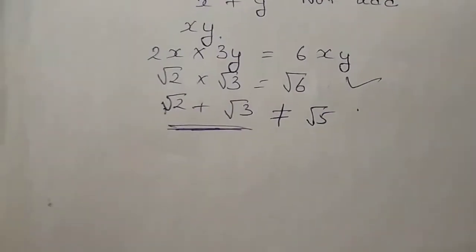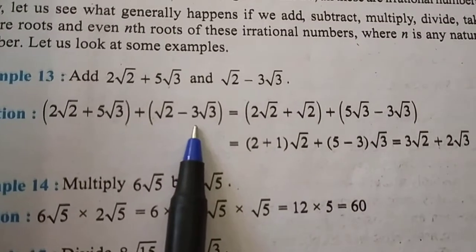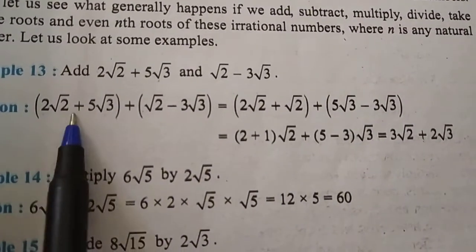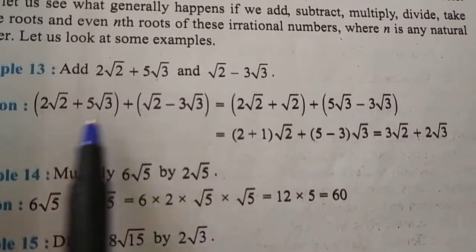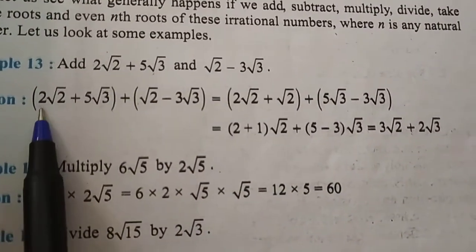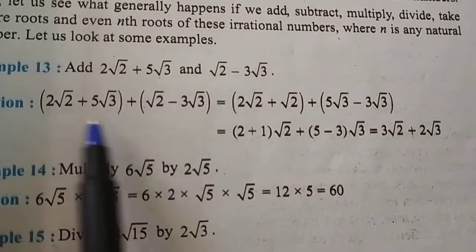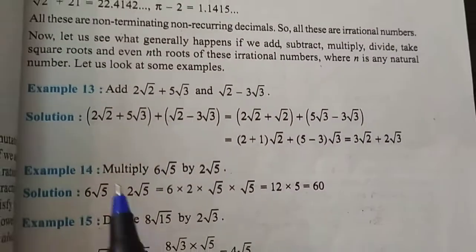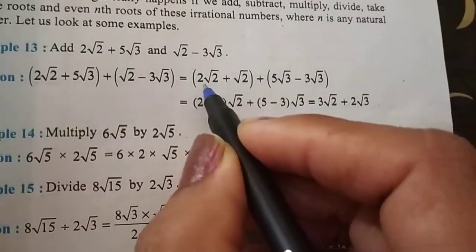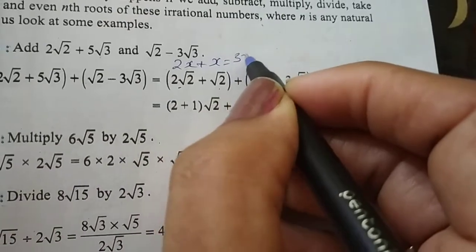So in this way, if you have to solve this example, you have to add this and this. Under root 2 and under root 2, these two are like terms. So how to add them? You treat this as 2x and this as x. If you treat it as 2x plus x, what do you say? It is 3x.